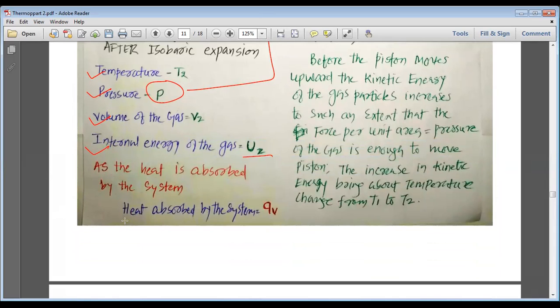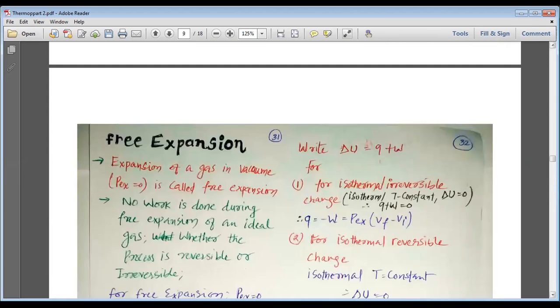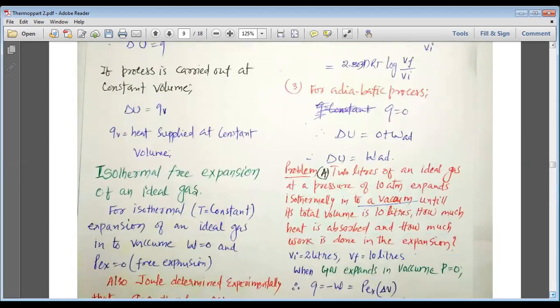As the heat is absorbed by the system, we can say that heat absorbed is equal to QV. We already know that heat absorbed by the system at constant volume is the change in internal energy. But here, the heat absorbed by the system is at constant pressure, my dear students.